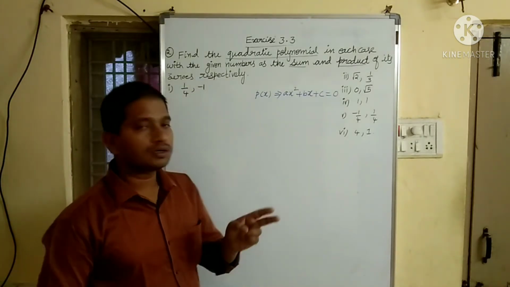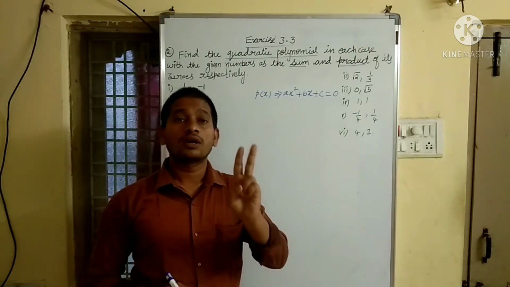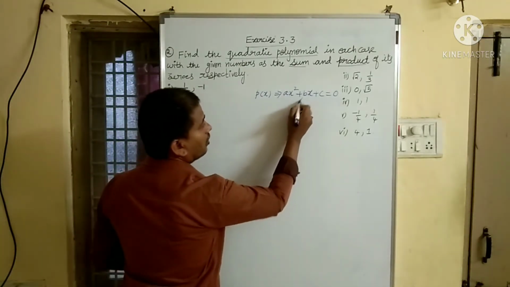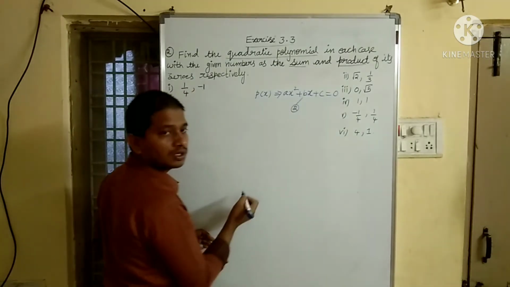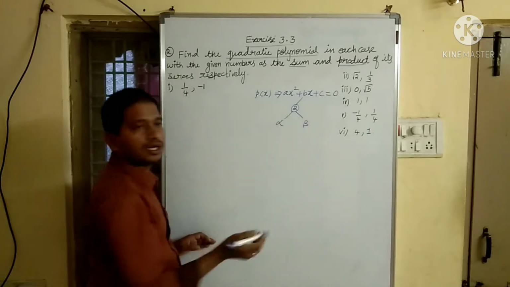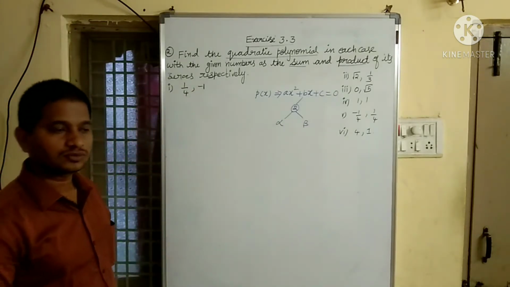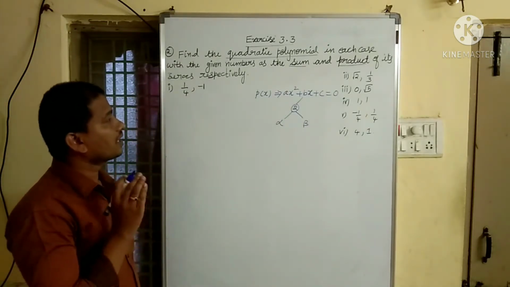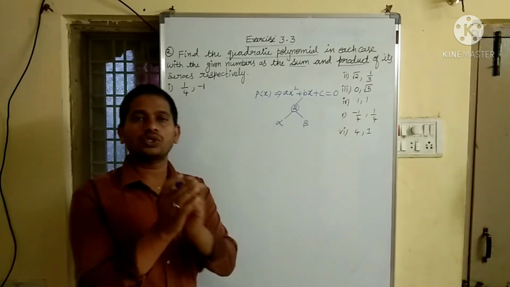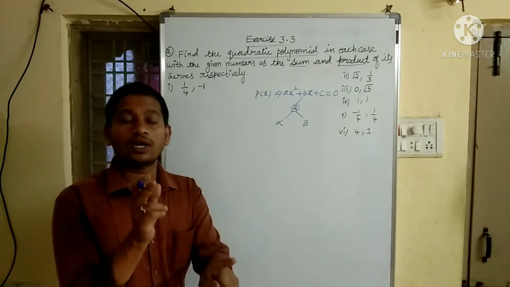A quadratic polynomial has two zeros. They are alpha and beta respectively.